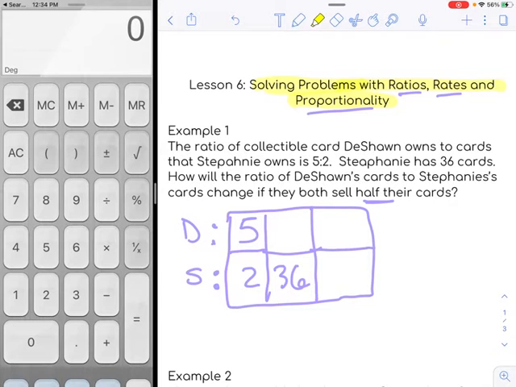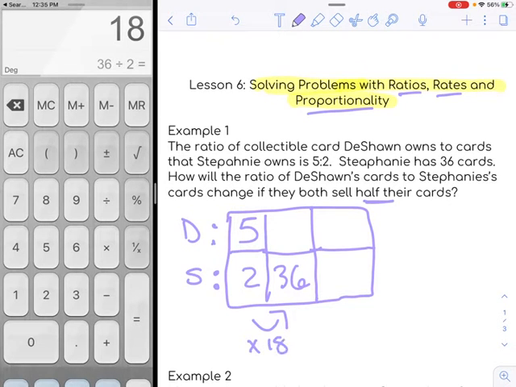So first things first, I want to figure out, it's telling me that Stephanie had 2 cards and now she has 36. So using that information, we want to see when Stephanie has 36 cards, how many does Deshawn have? Remember, to do that, we want to see how are we getting from 2 to 36? I'm going to divide: 36 divided by 2.